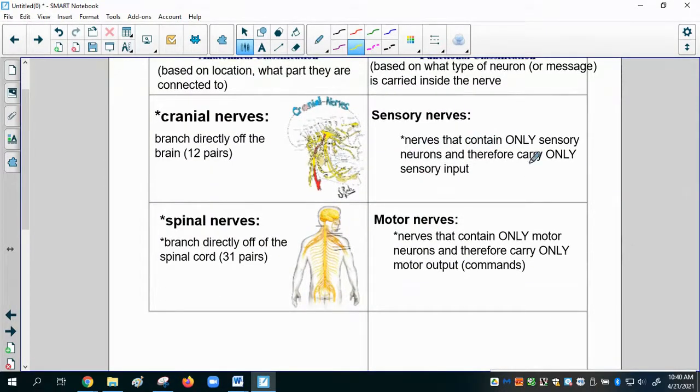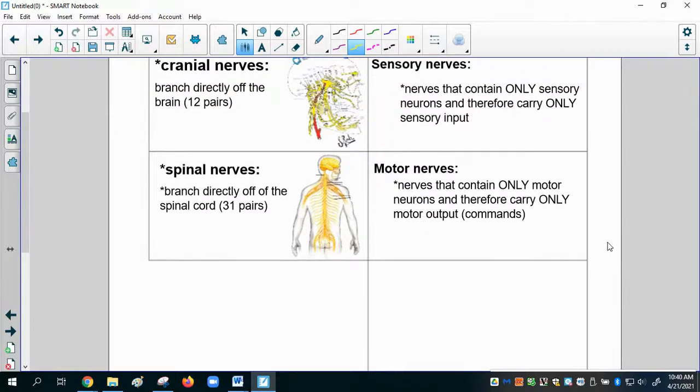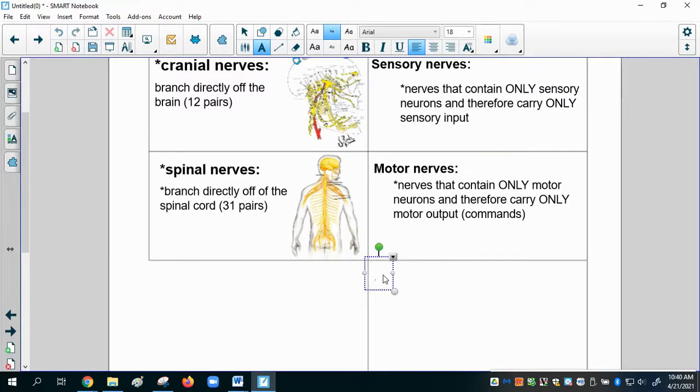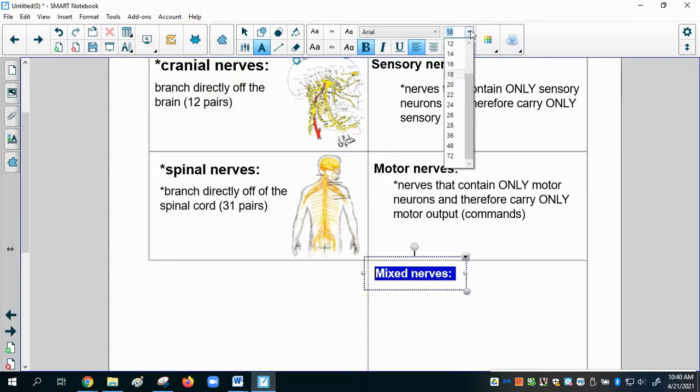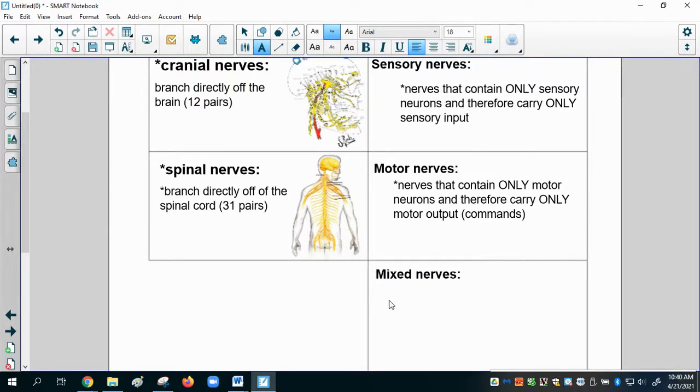Because we've actually talked about only sensory, only motor. There's one more possibility. What if a nerve has both kinds of neurons in it? Is that possible? It is absolutely possible, and it's most likely that nerves contain both types of neurons, and when they do, we call them mixed nerves because they have both kinds of neurons inside of them.